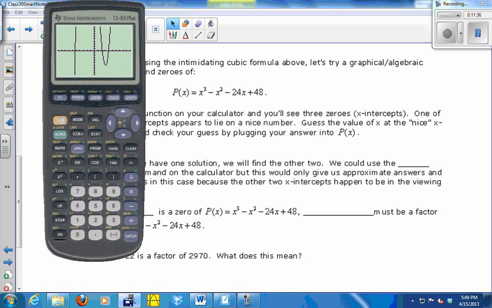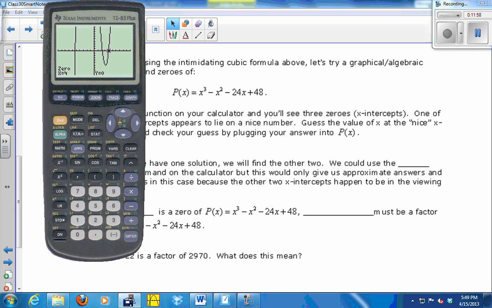Have the calculator do it and go to the calculate menu, choose 0. We have to give a left bound, and a right bound, and a guess. And you get x equals 4.